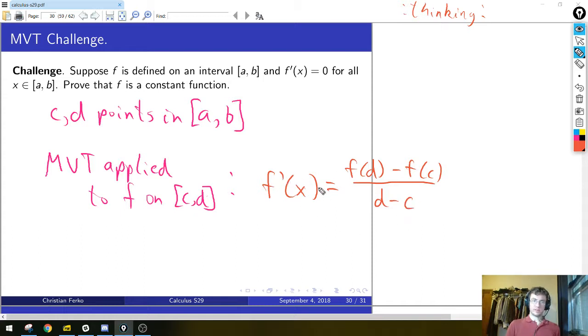Okay, so yes, the mean value theorem tells us that for some value of x, the theorem guarantees there exists a point where this is true. Now what should we do? What can we use to extract more information from this statement?